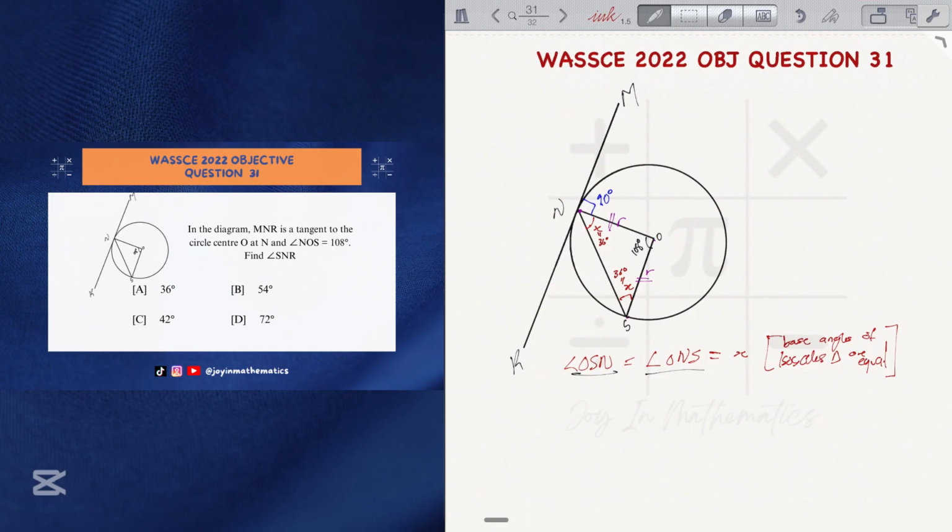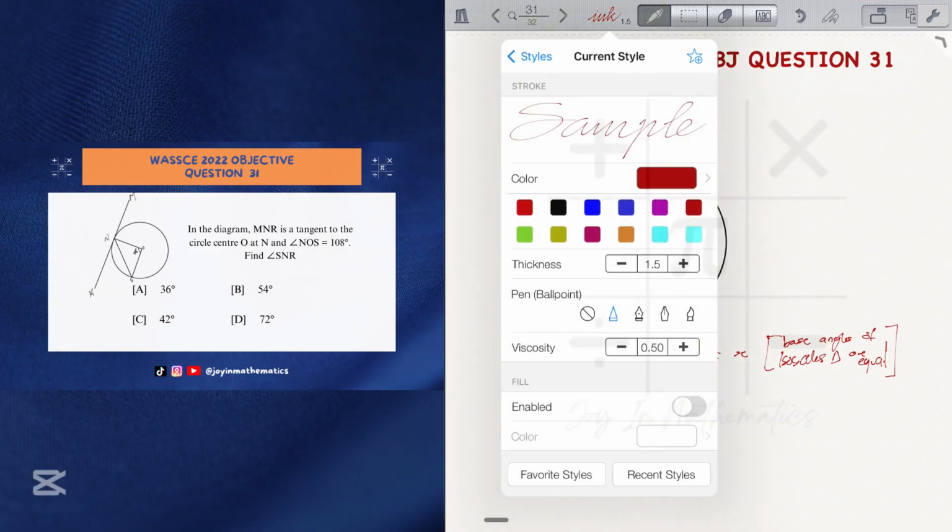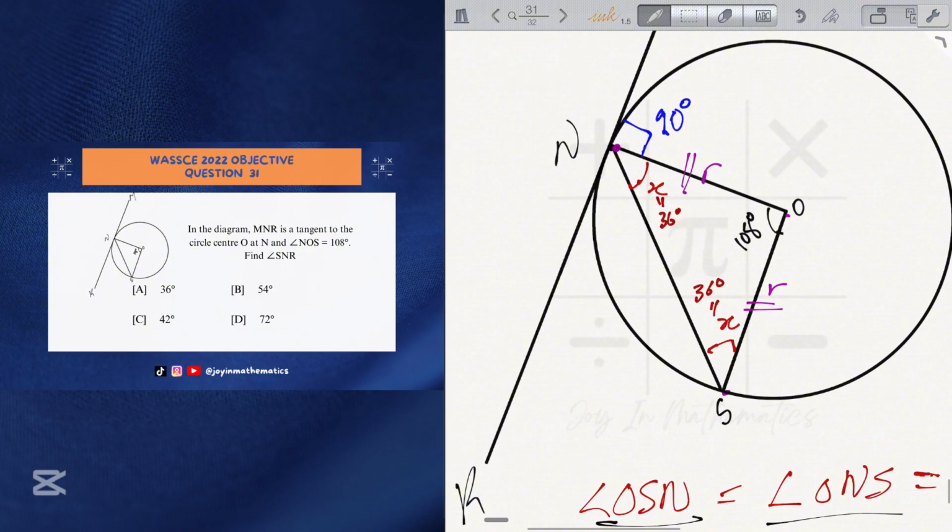Now, what is question 31 saying? Question 31 is saying we should find angle SNR. That means we are looking for this angle. Let's call it Y. It's very simple. All we have to do is to consider the sum of angles on this straight line.